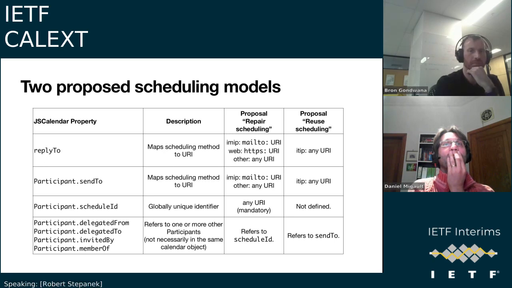And someone creating a new JS calendar object should never put stuff like other in here. If it's, let's say, iCloud, they should put this stuff in their iCloud vendor extension. So the other is really just, in my understanding, a thing we introduced to map unknown iCalendar URIs to JS calendar.